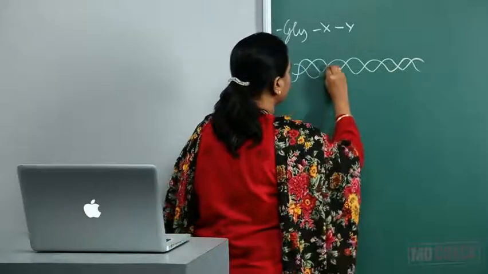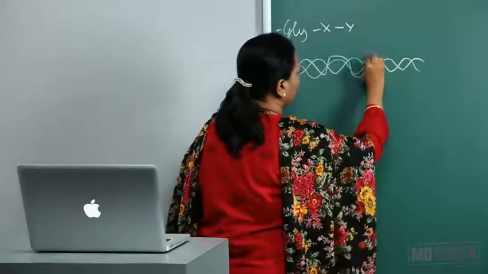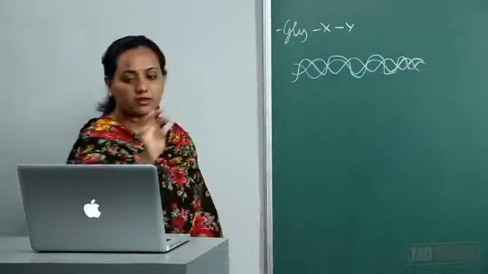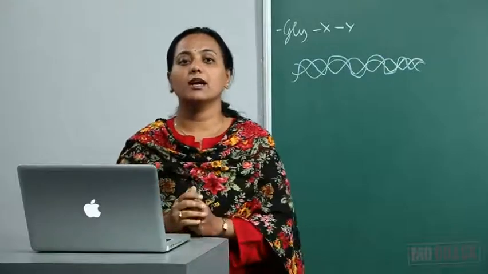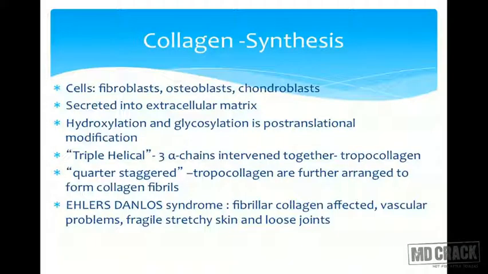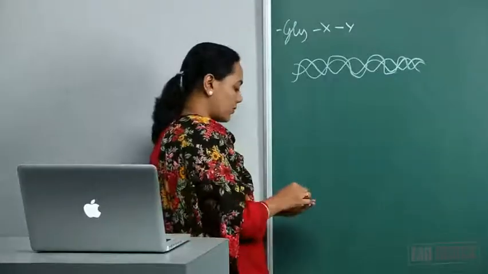Each of the chains is woven around each other and they form a different structure, and this is called the triple helical structure. These 3 alpha chains intertwined together are called a tropocollagen.